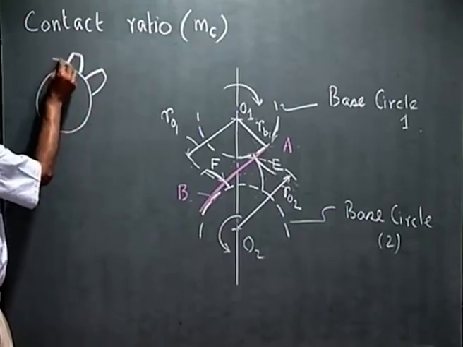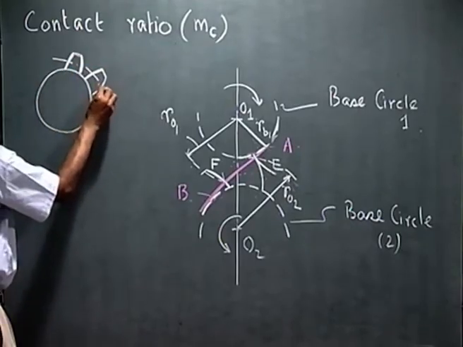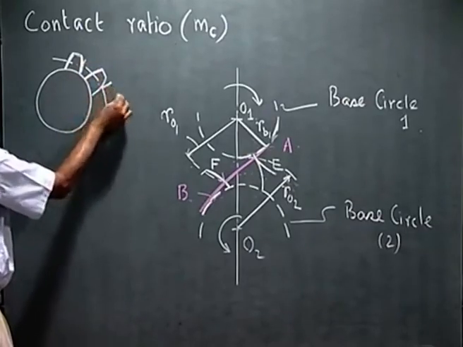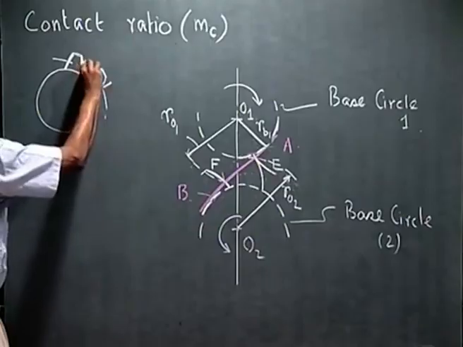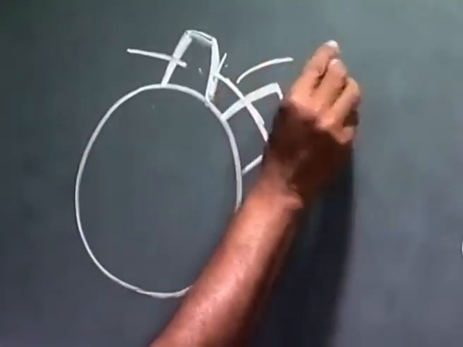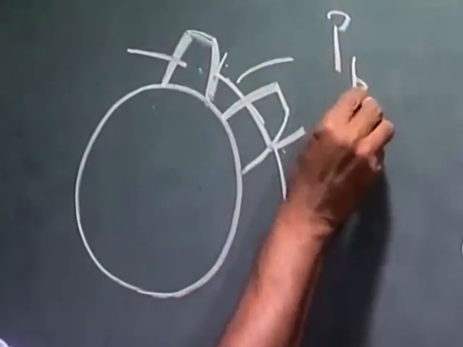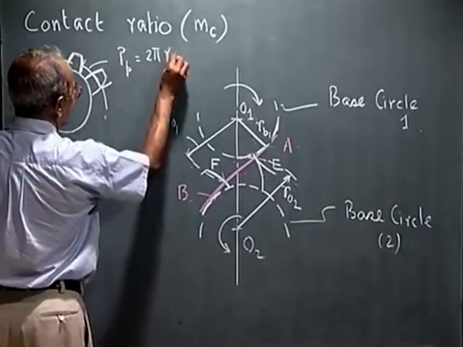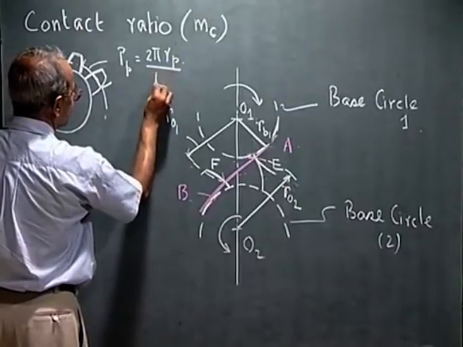If you remember, we defined the circular pitch on the pitch circle, going from one point to an identical point on the adjacent tooth measured along the pitch circle. This is what we defined as PP, which is 2 pi RP divided by the number of teeth, where RP is the pitch circle radius.